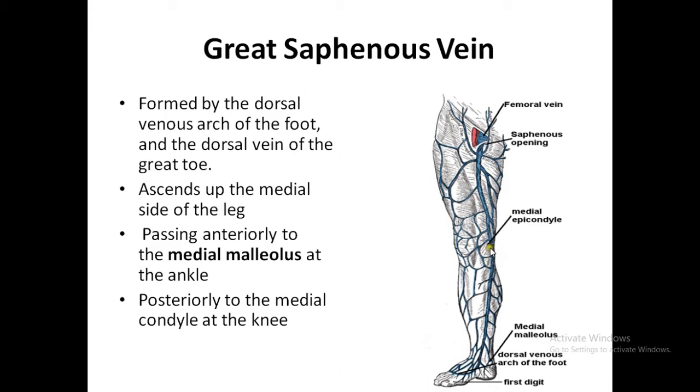I again repeat that the great saphenous vein, formed by the dorsal venous arch of the foot and the dorsal vein of the great toe, ascends on the medial side of the leg. It passes anterior to the medial malleolus, but at the level of the medial epicondyle, it becomes posterior.